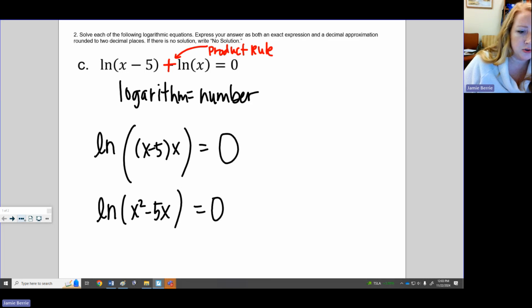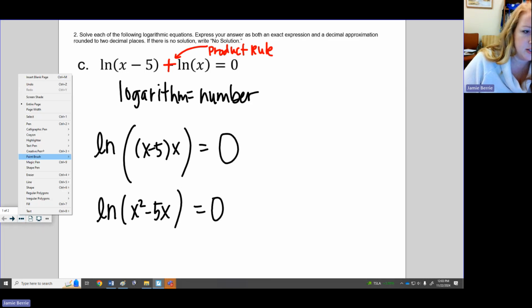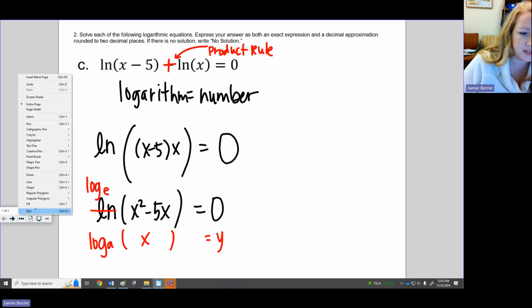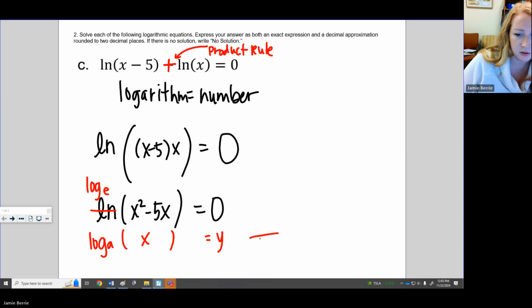So I am going to use the definition of a logarithm to convert this over to exponential form. So I've got y equals log base a of x. We know that natural log is really the same thing as log base e. So that's x equals a to the y for exponential form.